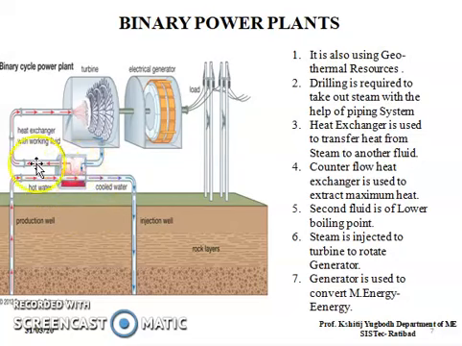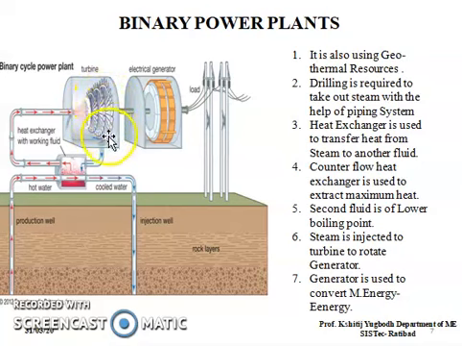The second fluid which is flowing in this pipe has a low boiling point so that it can convert maximum into steam. After taking heat from this steam, the second fluid is converted into steam and now it is injected on the turbine.